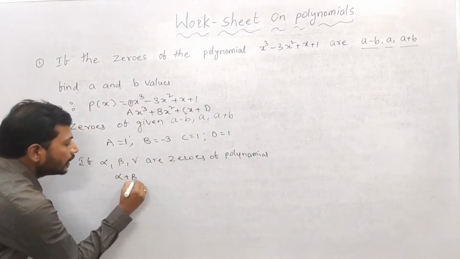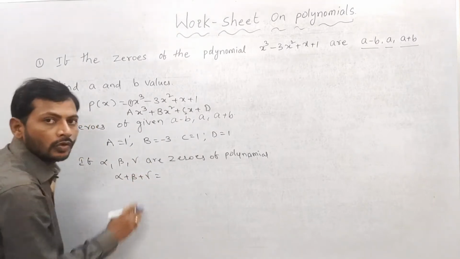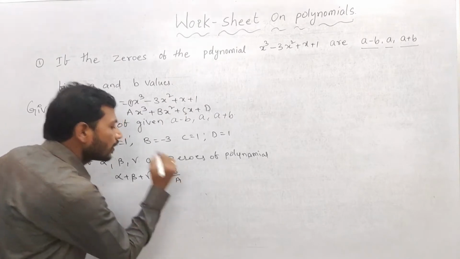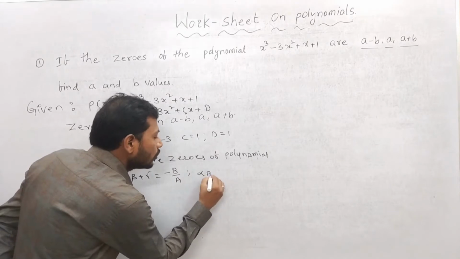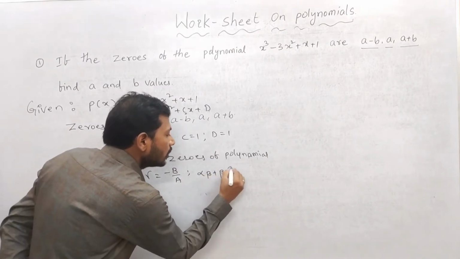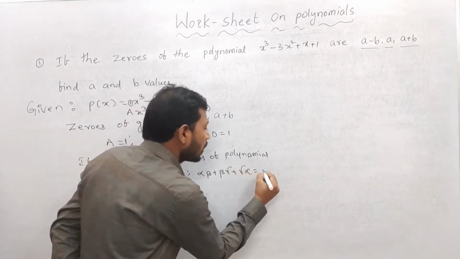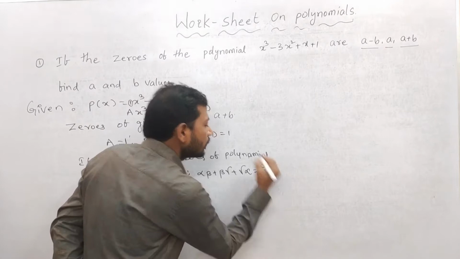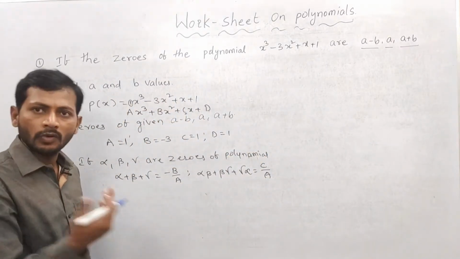Alpha plus beta plus gamma, sum of the roots, equals what? Sir, we know minus b by a. Very good. Second formula, alpha into beta plus beta into gamma plus gamma into alpha equals what? Sir, this is c by a. Another one is there, alpha beta gamma. If it is required, that also I am going to apply.